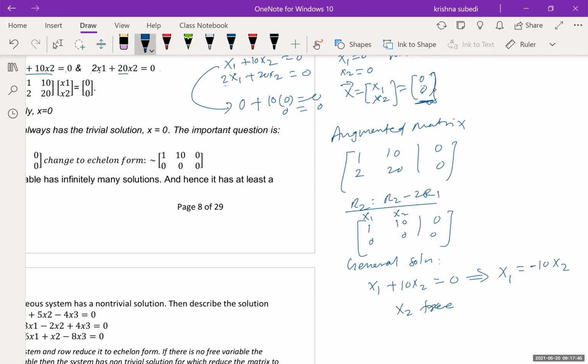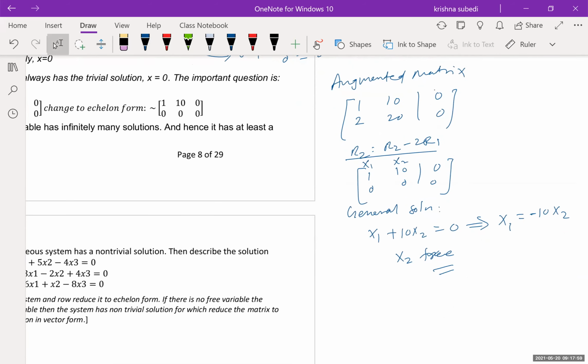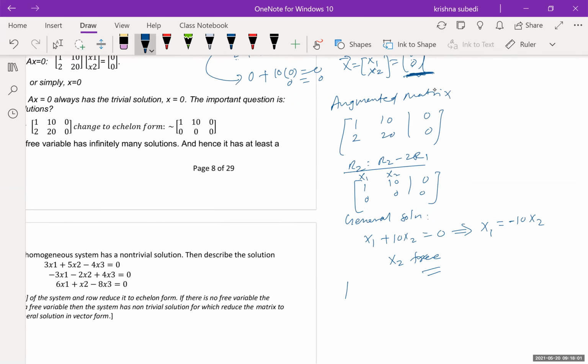x2 is a free variable. Once you notice that there is a free variable, that means the system has infinitely many solutions. One of the solutions is 0, 0. We know that is the trivial solution. So how many non-trivial solutions does it have? Can you tell me? Infinitely many. Exactly.